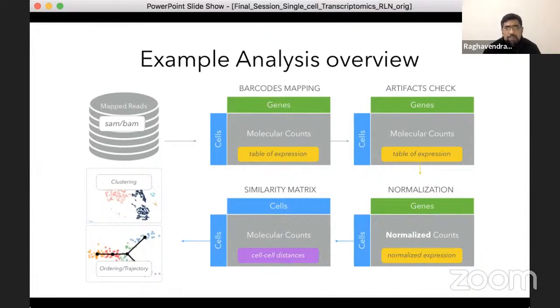Then we check for artifacts, update the table of expression, and normalize the data. Then a similarity matrix is calculated based on the molecular counts and the cell-to-cell distances, and that forms the basis on which we can cluster or perform trajectory analysis of our data.